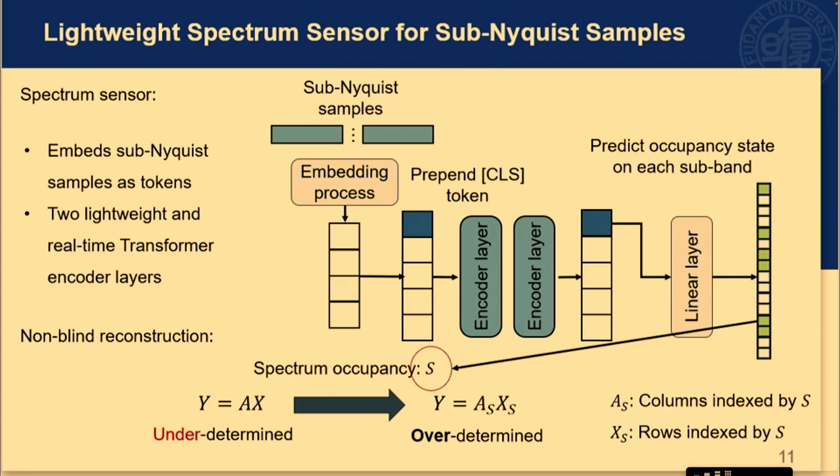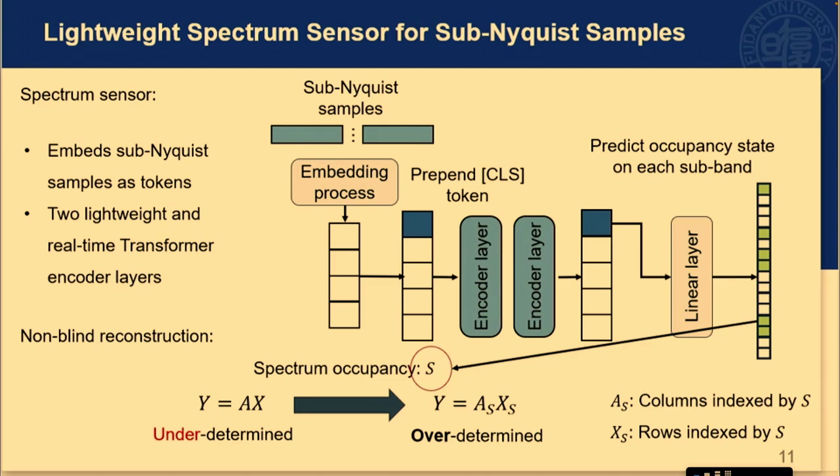Specifically, our deep learning model is a lightweight transformer network with just two encoder layers. It takes sub-Nyquist samples, embeds them as tokens, and predicts occupancy state for each subband. For signal reconstruction, we use multi-coset samples to build a classic y equals A times x problem, which is similar to compressed sensing.